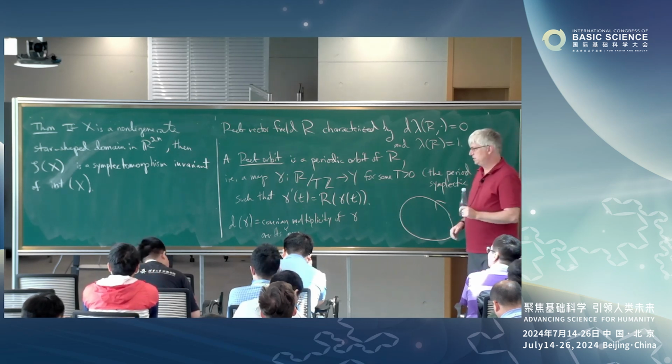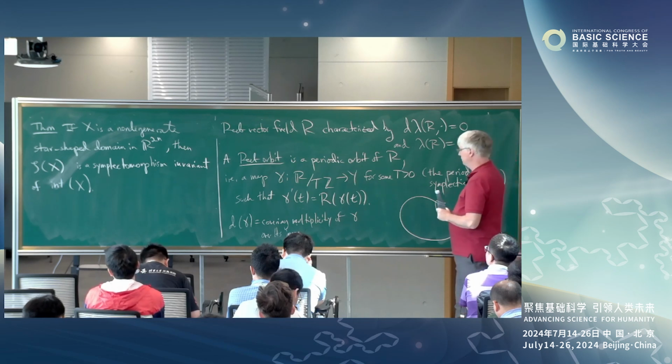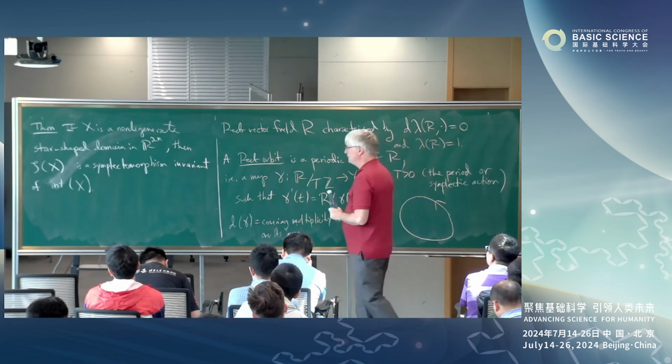So the interior of the domain is seeing all this information about the Reeb orbits on the boundary.